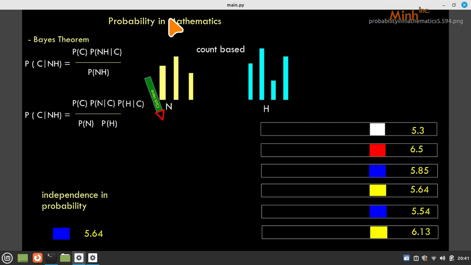So if I am looking for a particular name and the number of people is 100, and the particular name is 5, and the particular height is again 10.